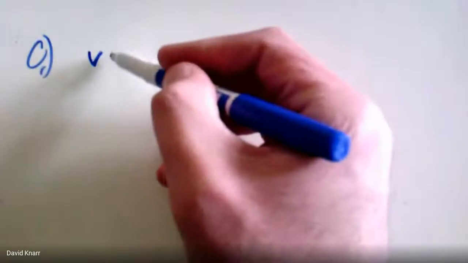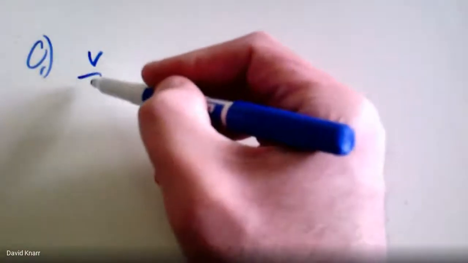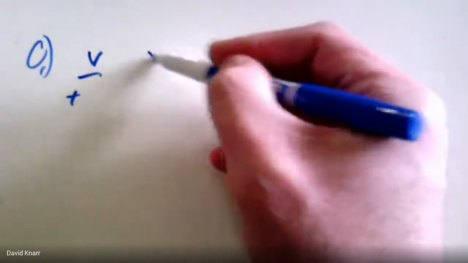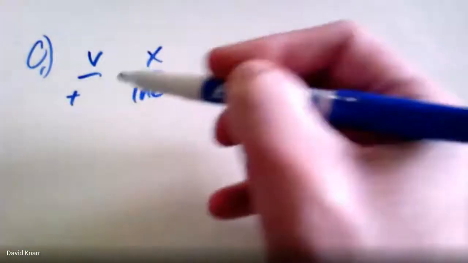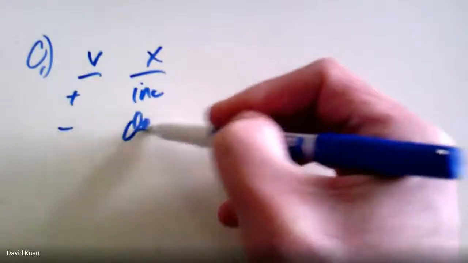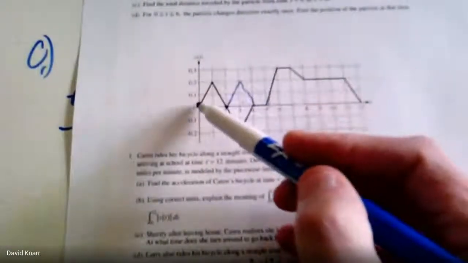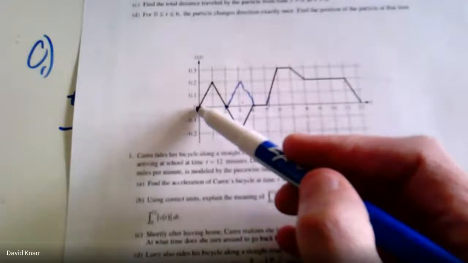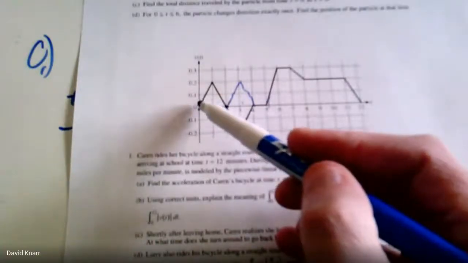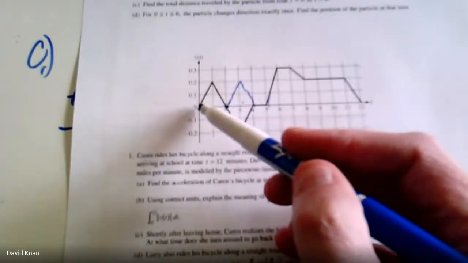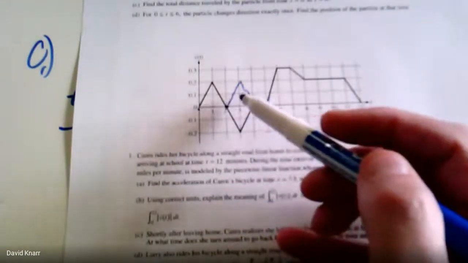So when V is positive, X is increasing, right? When V is negative, X is decreasing. The question says Karen is moving away from her house, so starting from here she leaves her house. When V is positive, the distance from her house is getting bigger.